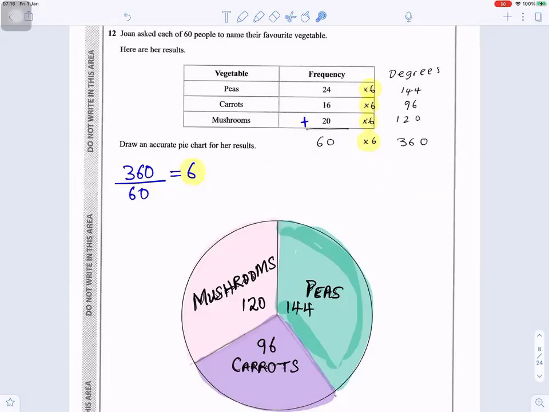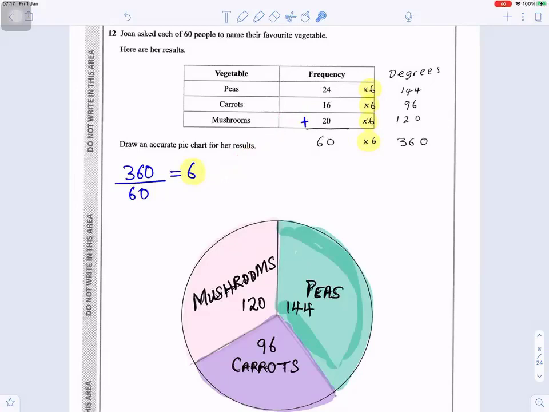So we share 360 degrees among 60 people to find out what 1 is. 360 divided by 60 gives you 6. So this 6 degrees is for 1. So when you want to get 24, you do times 6.